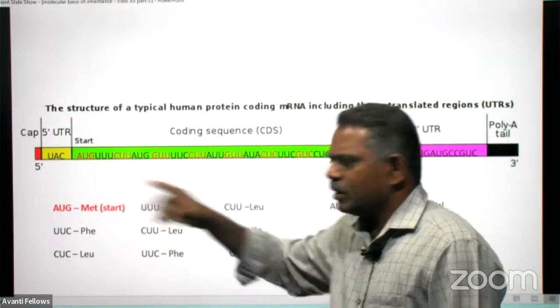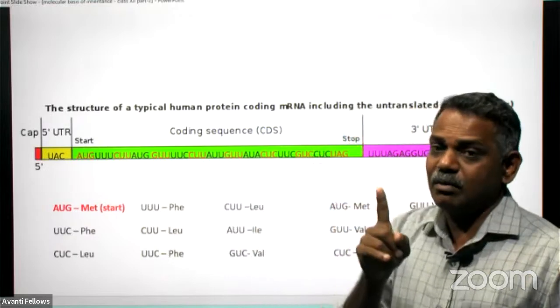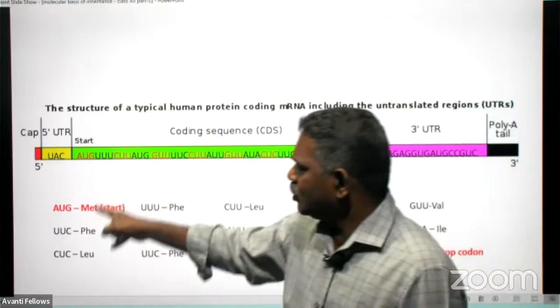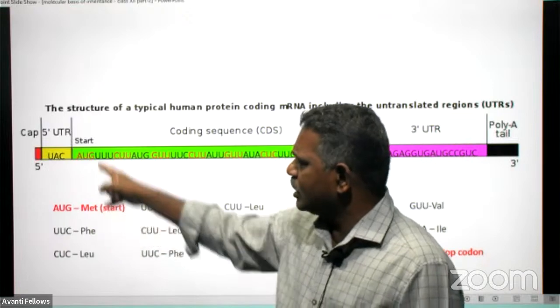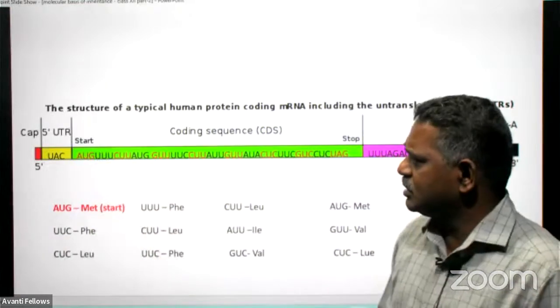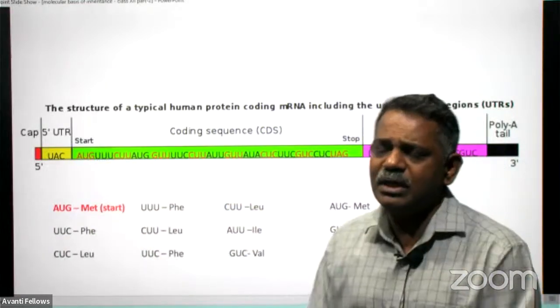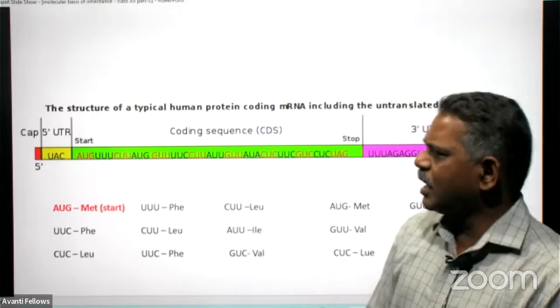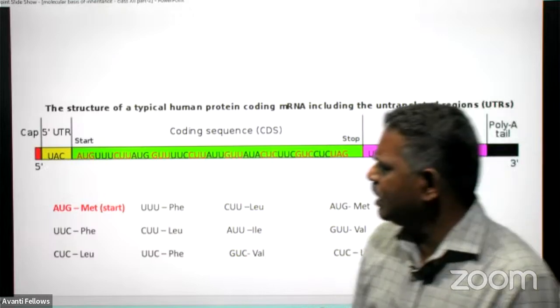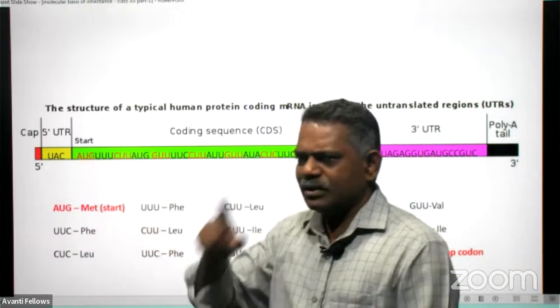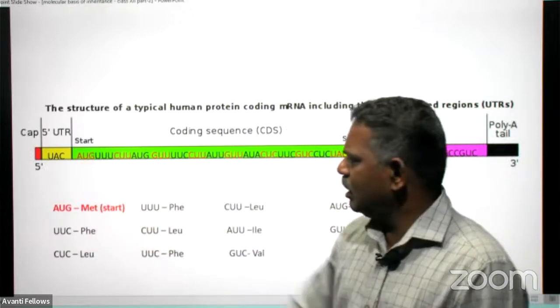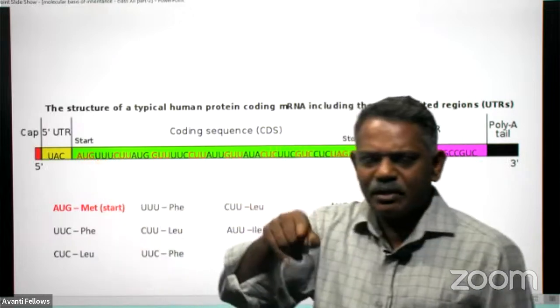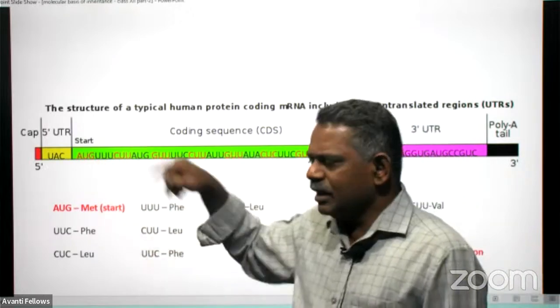So triplet codon and anticodon, remember. For example, to carry the amino acid methionine to the site of protein synthesis, the triplet codon is AUG. What is the anticodon present in the tRNA? If it is A, the first one should be U. If it is U here, the second one should be A, and for G, it is C.